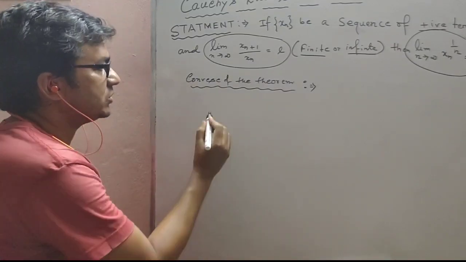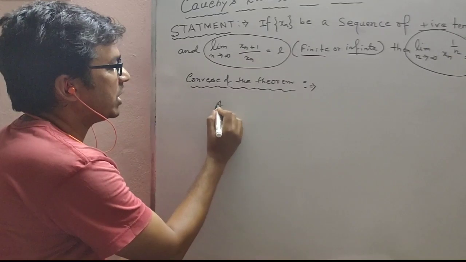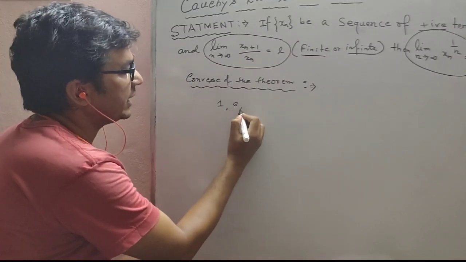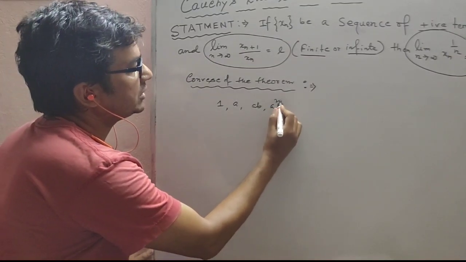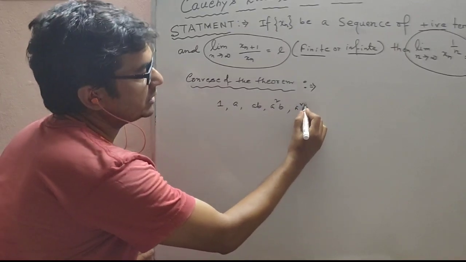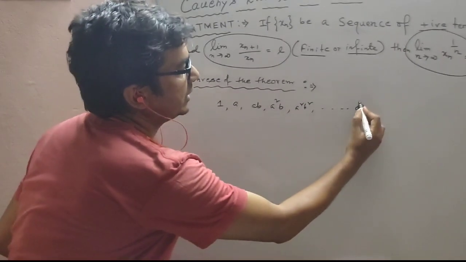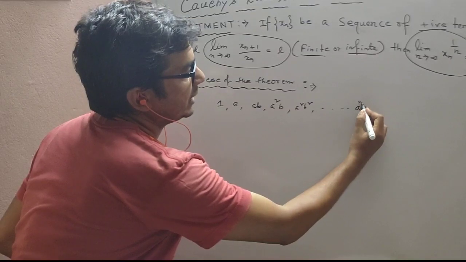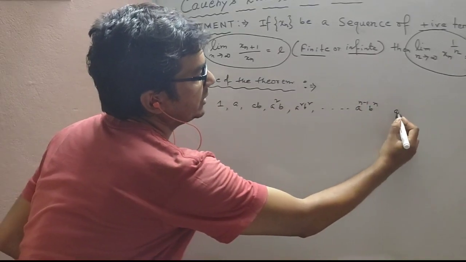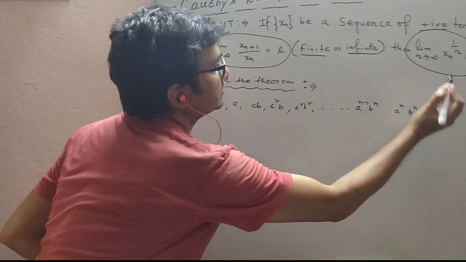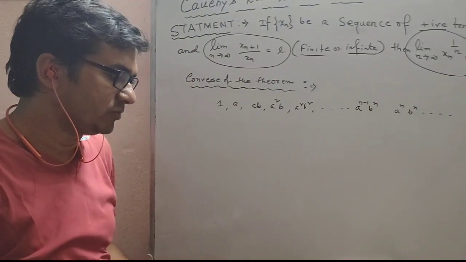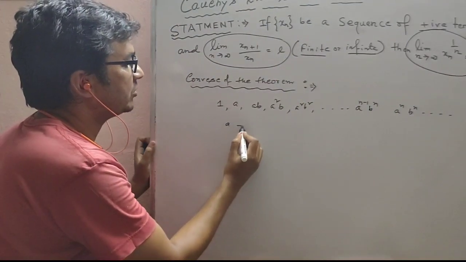We consider a sequence as 1, a, ab, a square b, a square b square, ..., a to the power n minus 1 b to the power n, a to the power n b to the power n, and so on. Here a is not equal to b.